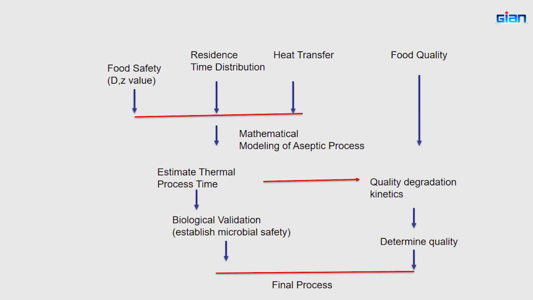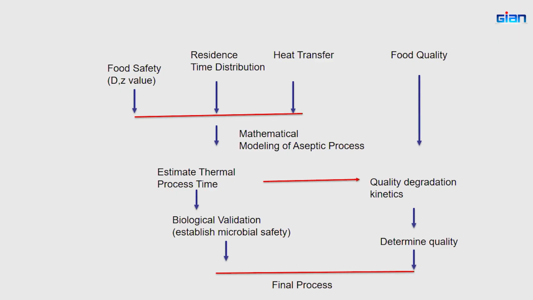Now, coming to the food safety validation, it is much more complex in this case. From your lectures on food safety kinetics and food quality kinetics, we know the D value provides the decimal reduction time, and the Z value is the temperature sensitivity of the bacteria.